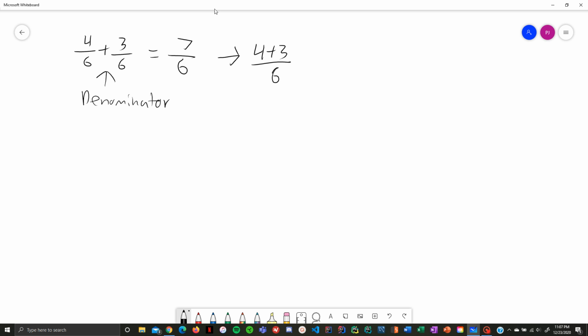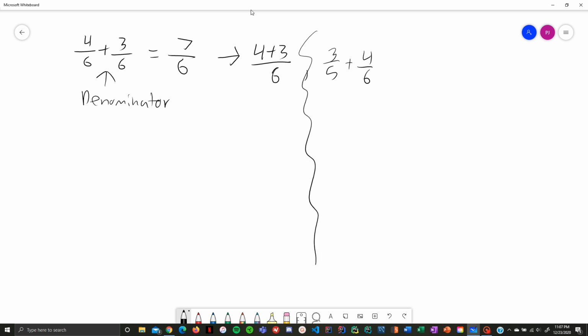So furthermore, if we did not have the same denominator, say we had 3 over 5 plus maybe 4 over 6, this can be quite an issue because now we can't simply keep the same denominator. So what you have to do is give them both a common denominator, just like we have over here.